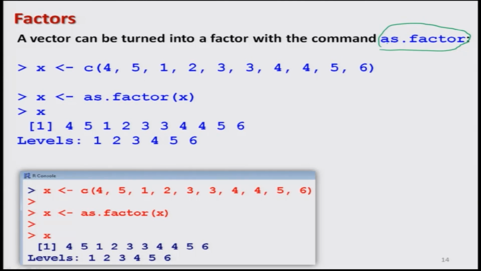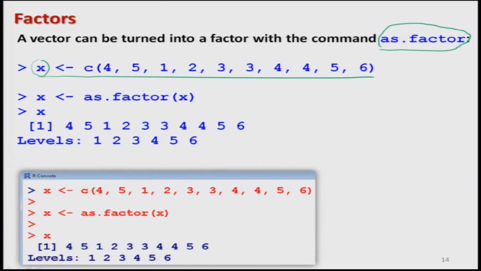For example, in this example, I am taking these numerical values in the form of a vector assigned to x, and now I want to convert these numerical values into a factor.